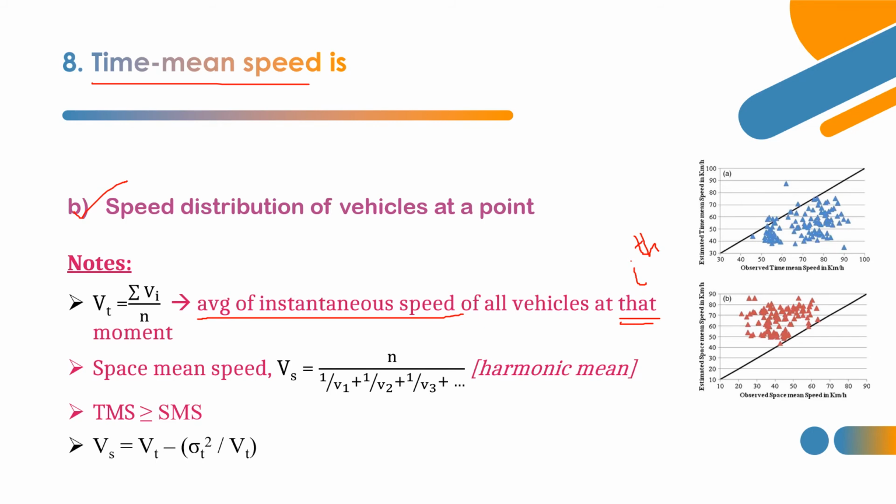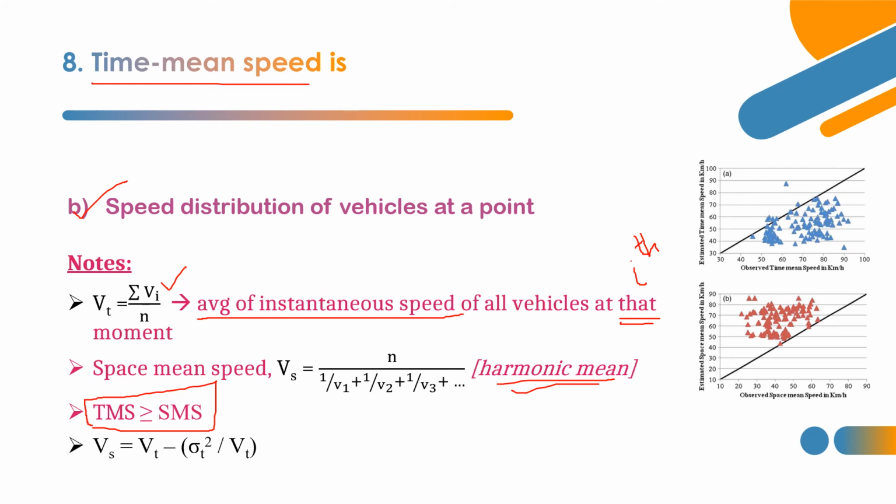Now what is space mean speed? This is nothing but the harmonic mean of all the spot speeds. So Vs is equal to n divided by the sum of reciprocals of all the instantaneous speeds. And regarding the relation between TMS, that is time mean speed, and space mean speed, time mean speed will always be greater than or equal to space mean speed, because time mean speed is an arithmetic average, a simple average, and the space mean speed is a harmonic mean.